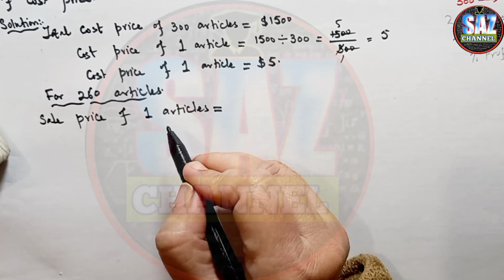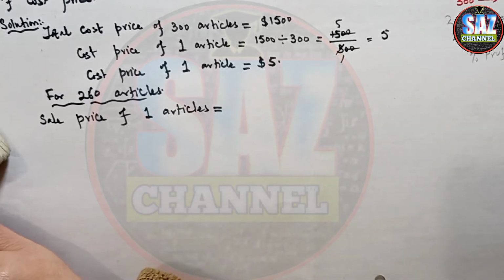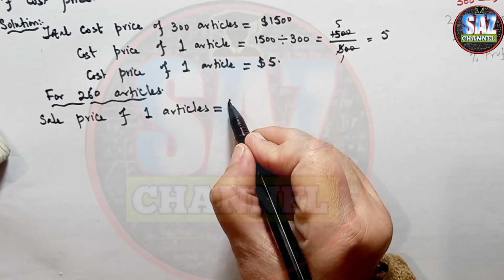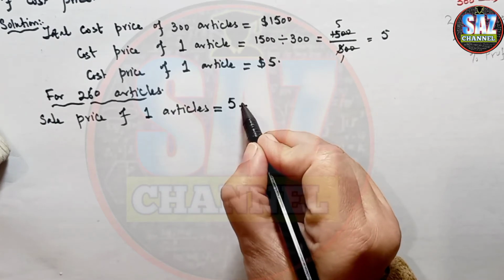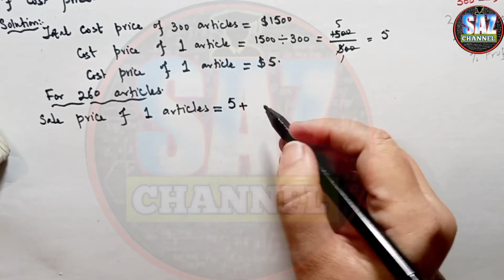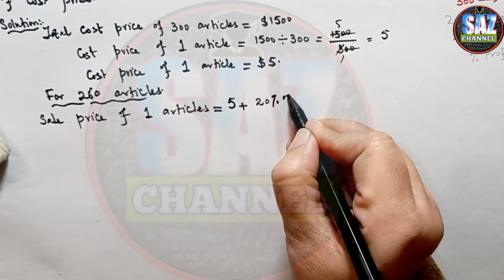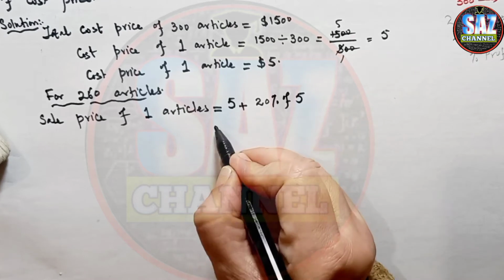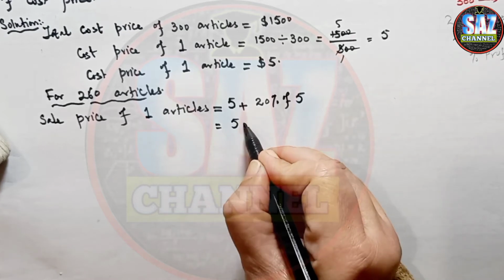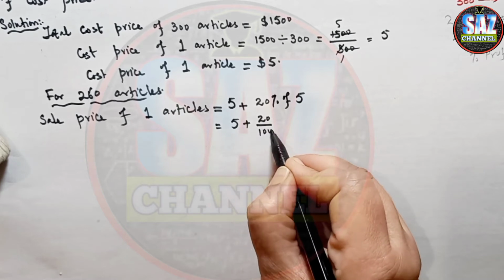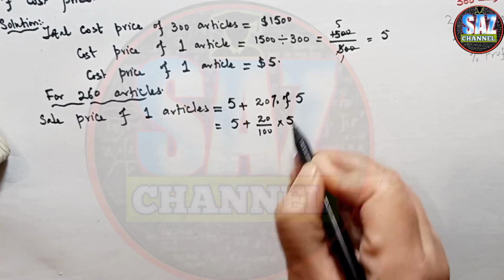So the cost price is 5 plus 20% of 5, so 5 plus 20 over 100 multiplied by 5.